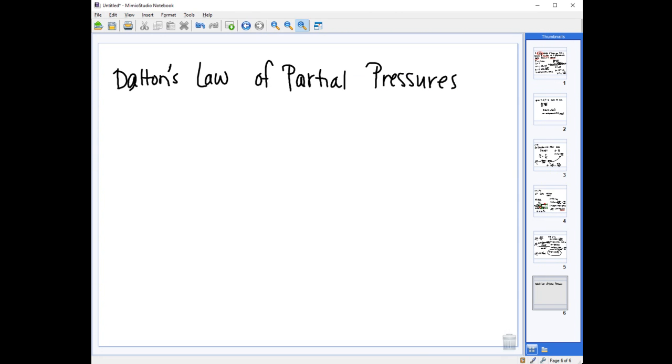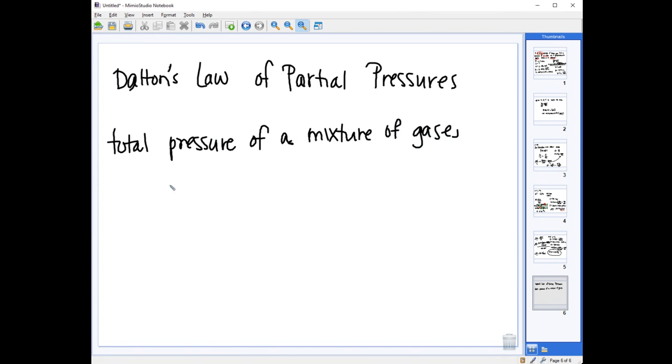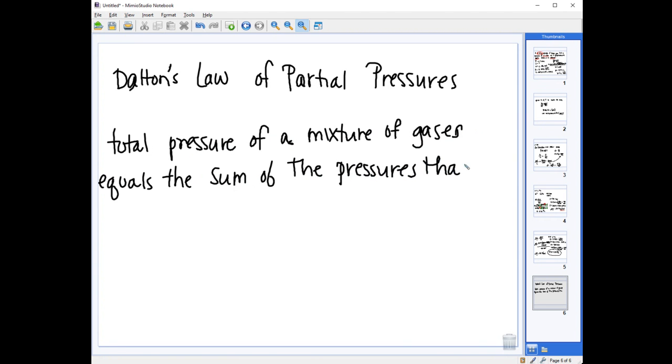He came up with his law of partial pressures, which says that the total pressure of a mixture of gases equals the sum of the pressures that each would exert if it was present alone.